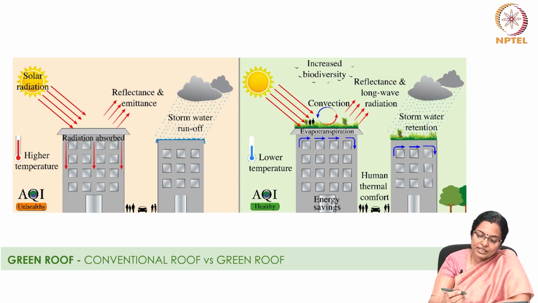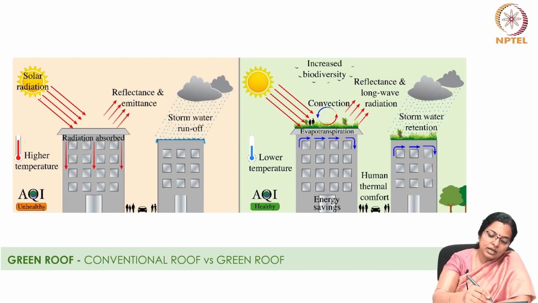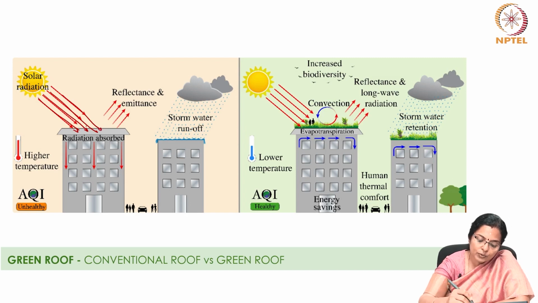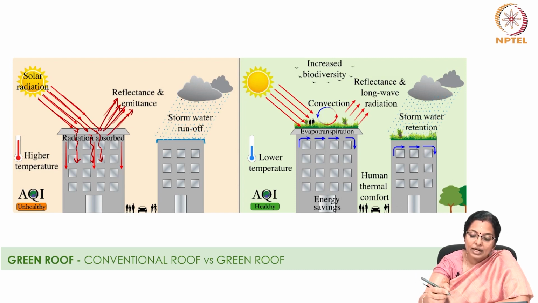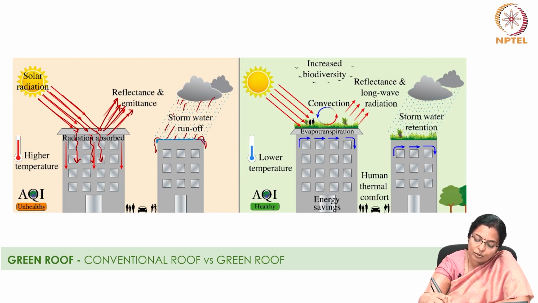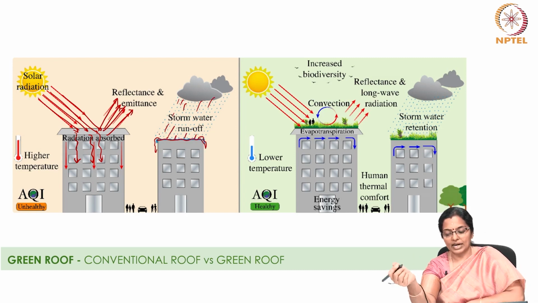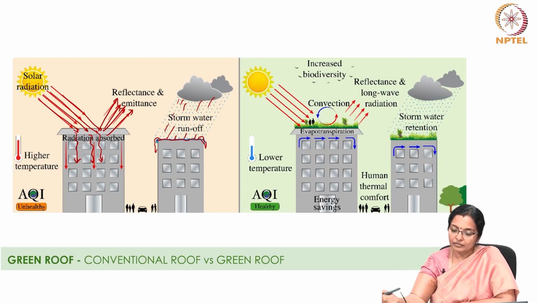A roof which does not have a green cover will be subjected to intense solar radiation, which will get either absorbed or reflected back. When it rains, the storm water runs off from the terrace of the building.